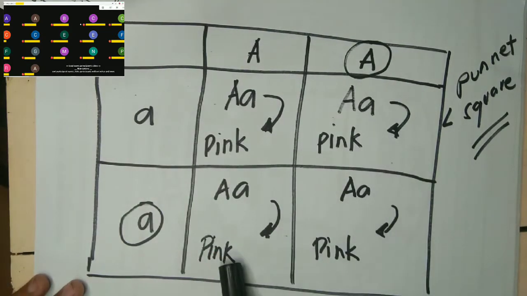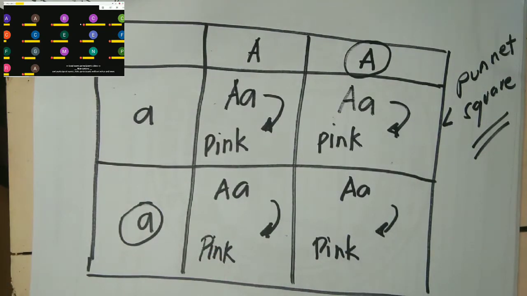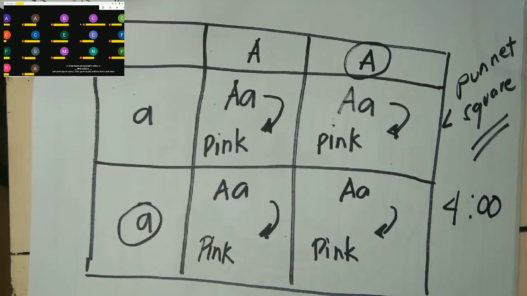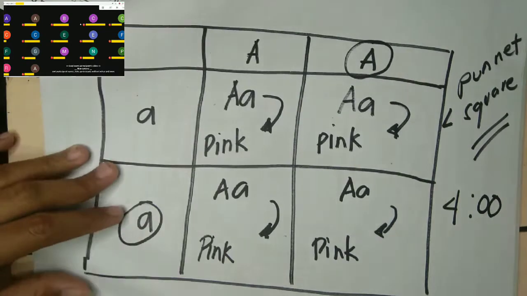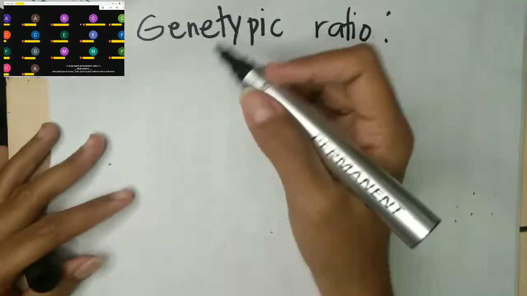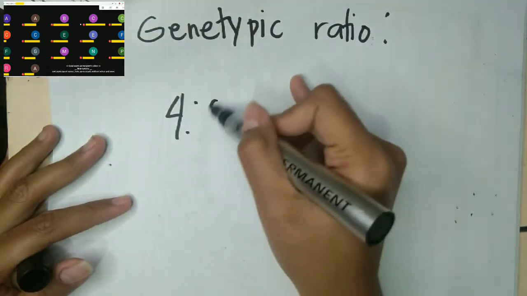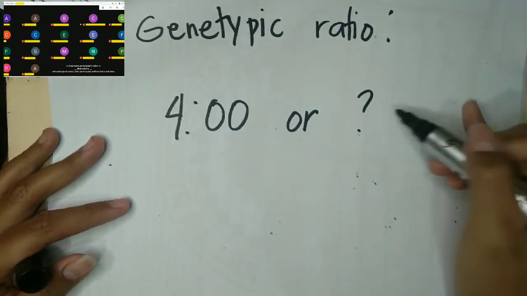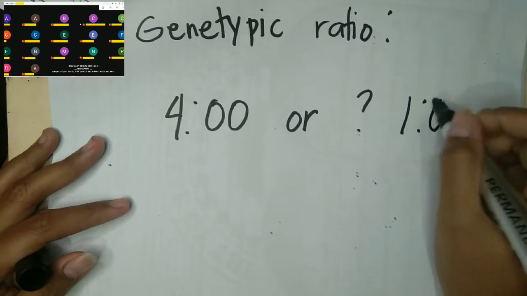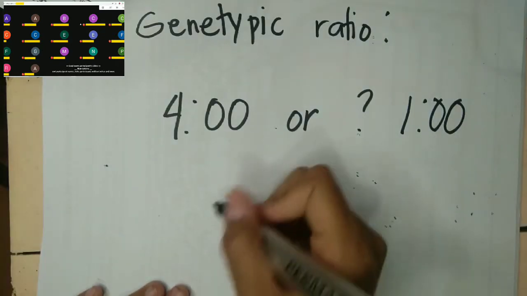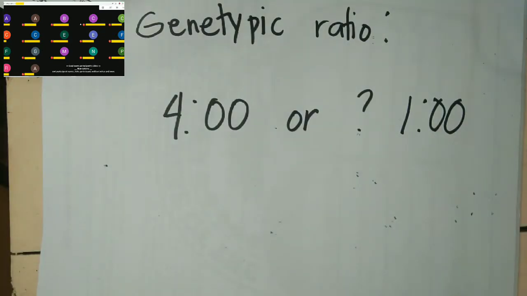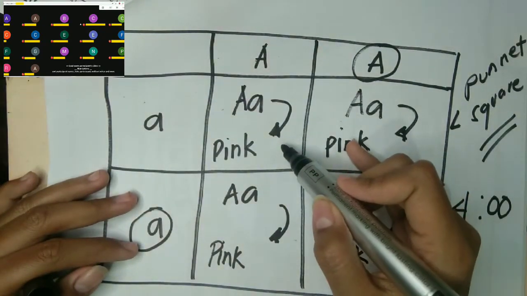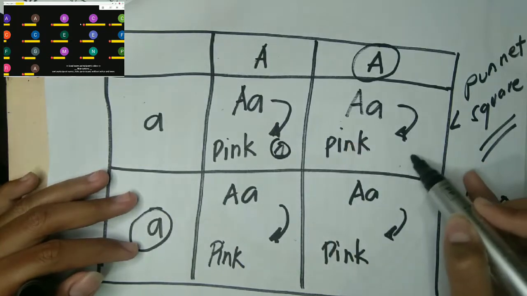We have 4 offspring with genotype capital AA and phenotype pink. So we have a ratio of 4 to 0 or 1 to 0.